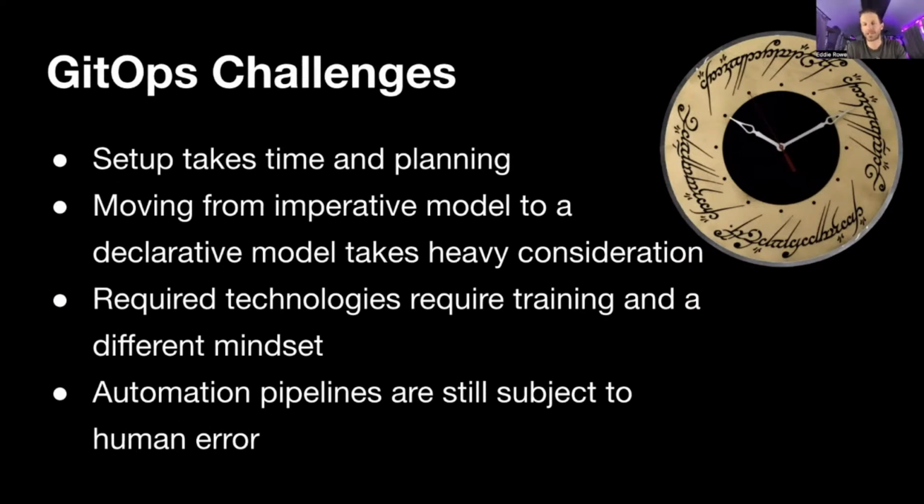The required technologies in use here require training and a different mindset. If anyone knows, coming from the VM world to the Kubernetes world is an adaptation and can feel cumbersome to begin with. The automation pipelines are still subject to human error, just like anything is. The pipelines here are just as good as the implementation of the pipelines.